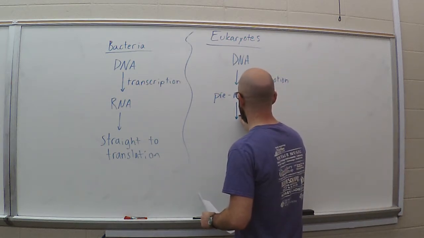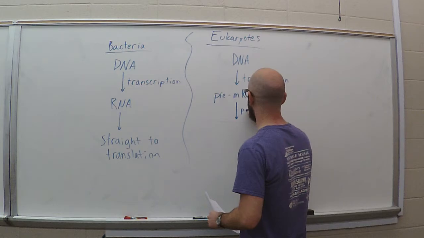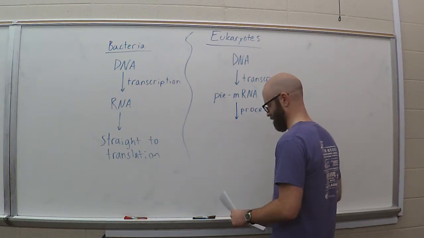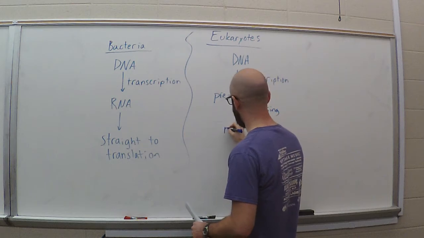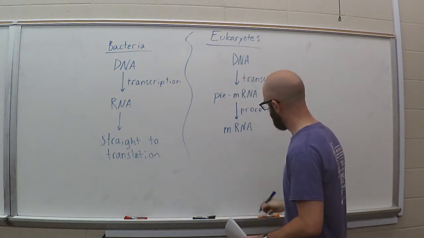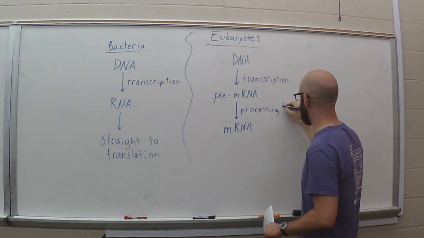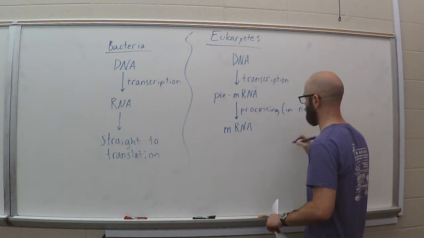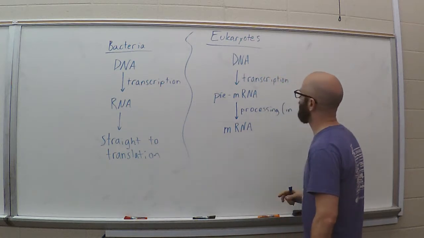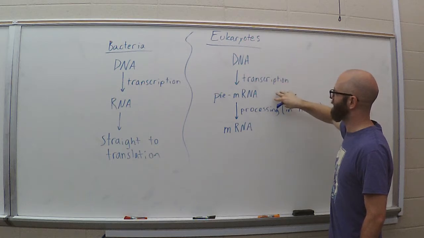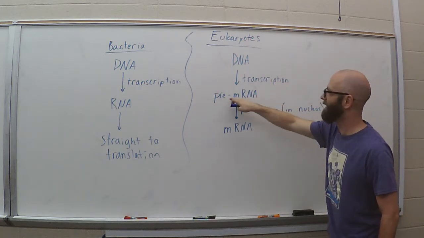So it has to go through processing, which we'll detail, before it can become mRNA. And this processing happens in the nucleus, right? So the DNA gets transcribed in the nucleus to make pre-mRNA.